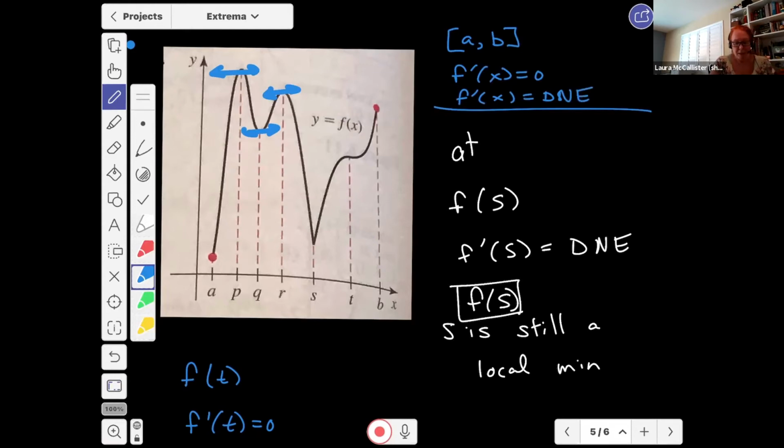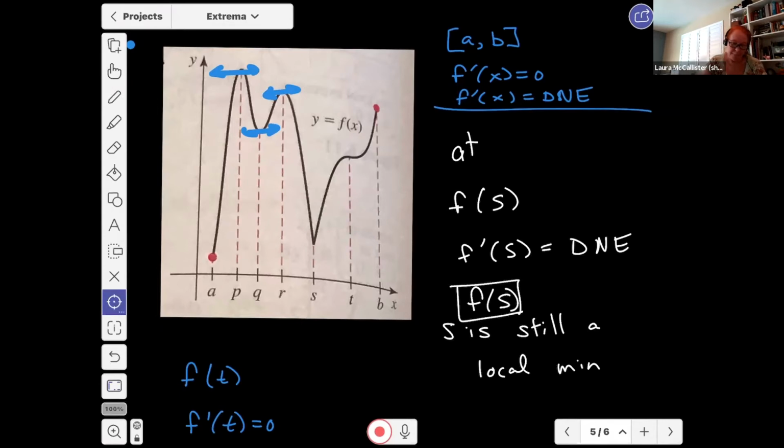However, just because any of these three happen does not necessarily mean it's an extrema point. It's only where the possibility of those extrema could exist.